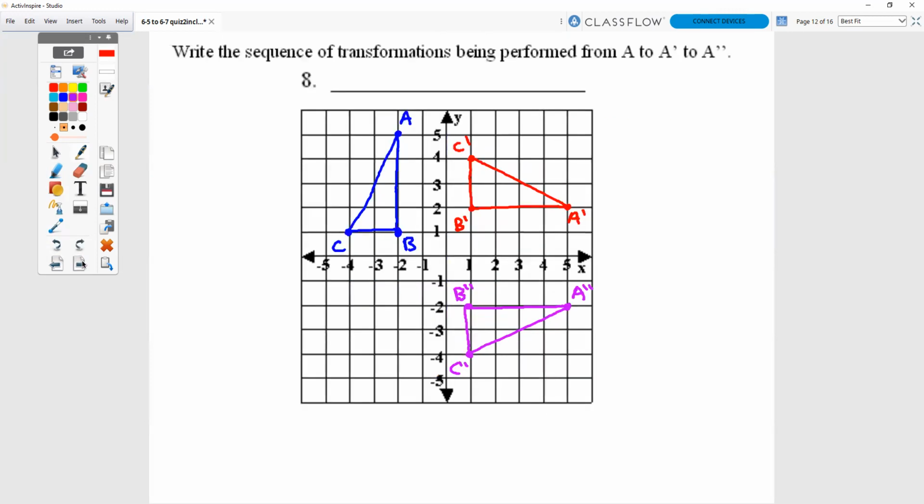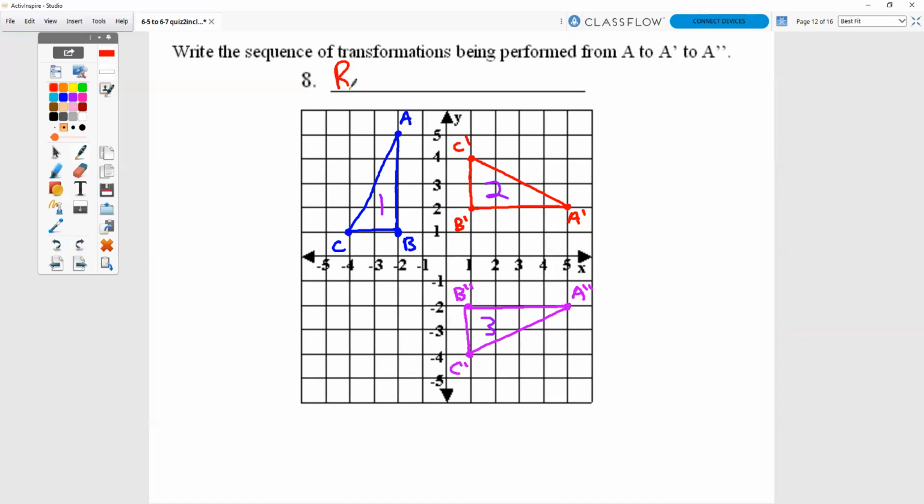Be very, very careful. Sometimes you have to look at the letters, not just the picture. So when I take a look at this, how do I get from A to A prime to A double prime? So I'm going from here to here to here. My first picture, to get from the blue triangle, the no prime, to the single triangle in the red prime, I am turning it. So it is going to be a rotation.